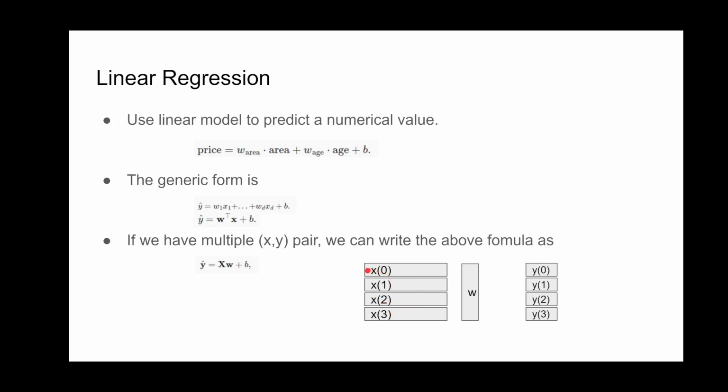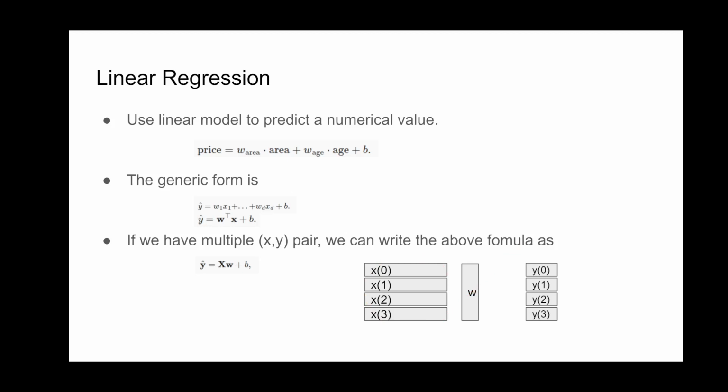When we do the matrix multiplication, we take the inner product between a row and the column W, so that for each row we produce a prediction. In this form, we can use a simple matrix multiplication to make predictions for a lot of samples.